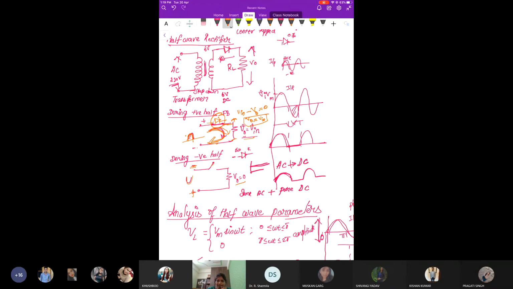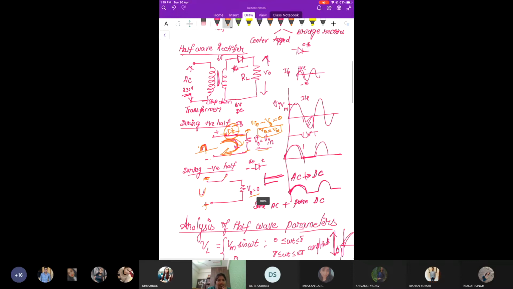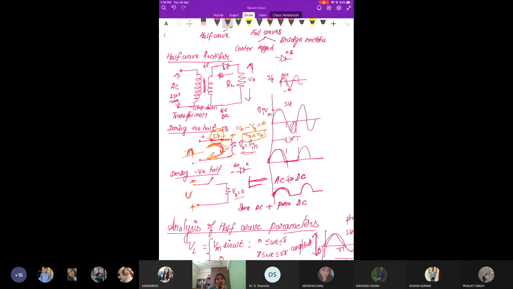Okay. So anyone tell me, what is the output of a half wave rectifier? What should be the output of the rectifier? Anyone? Why are the same students only answering all the time?